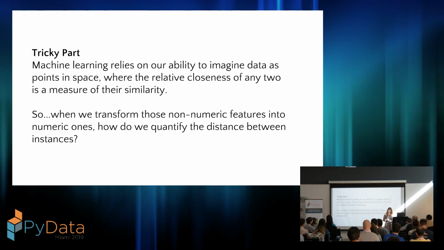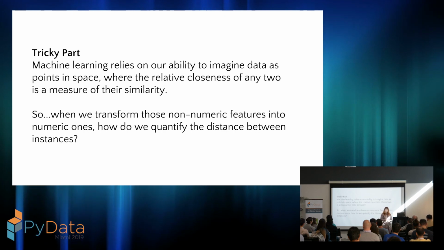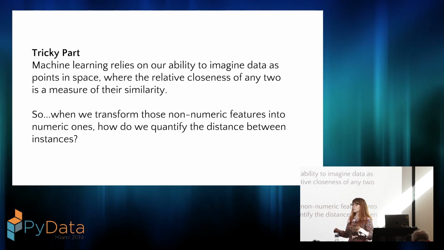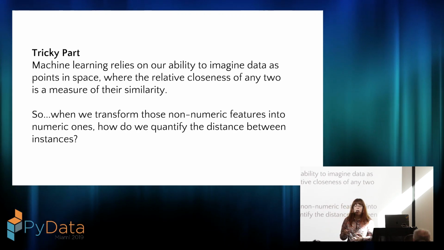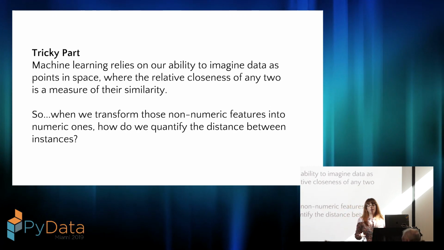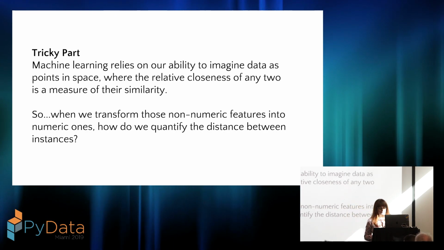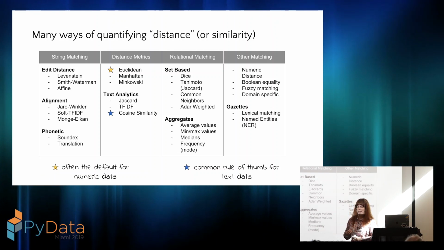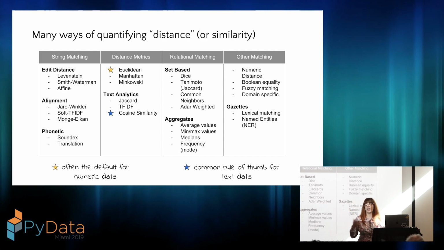But with documents, let's say, or videos or pictures, how do you decide if two pictures are close to each other in space or far apart? Or how do you decide if two documents are similar? Because that's what distance means when it comes to documents. So there are a lot of different ways to measure distance or define similarity.